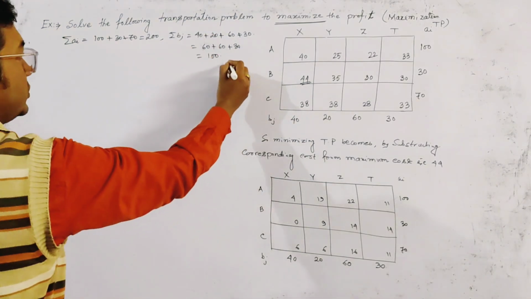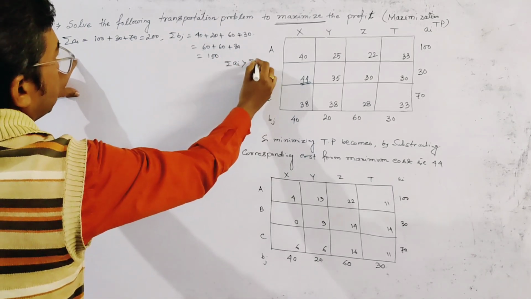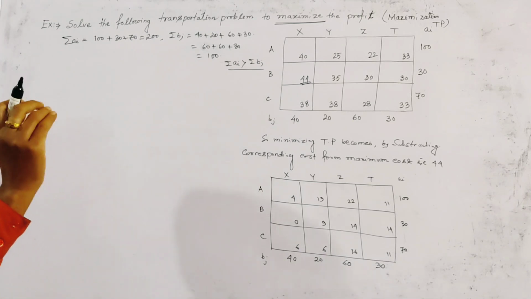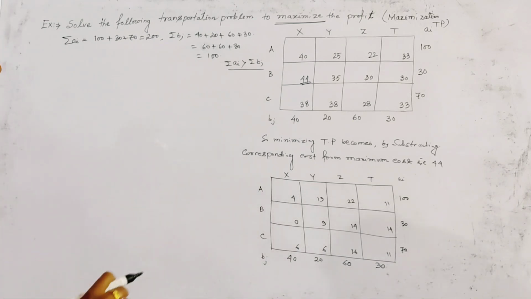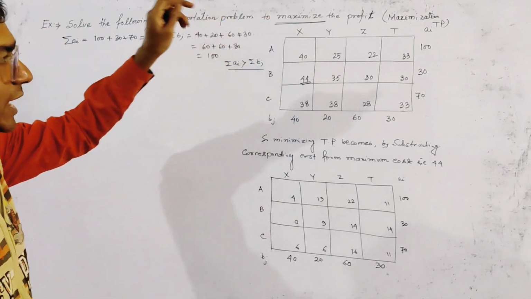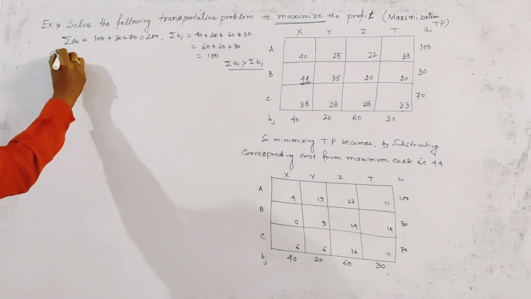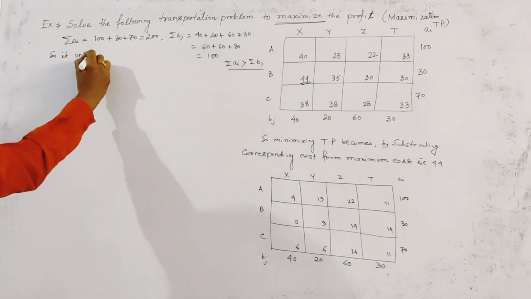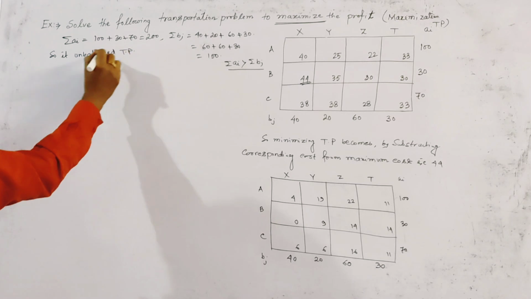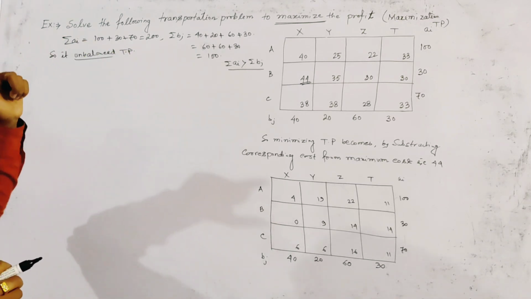It is shown that summation ai is greater than summation bj, so this problem is an unbalanced transportation problem. So there is one exception: this is maximization type, and also this is unbalanced.